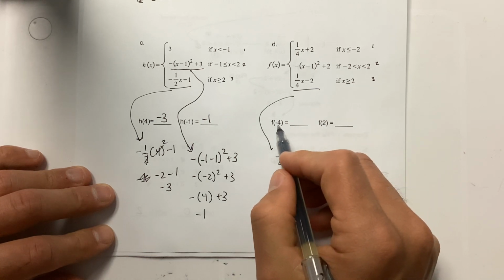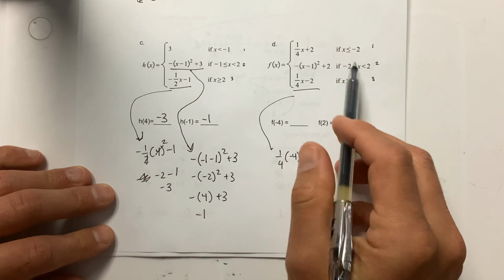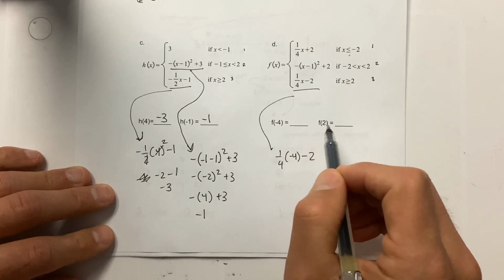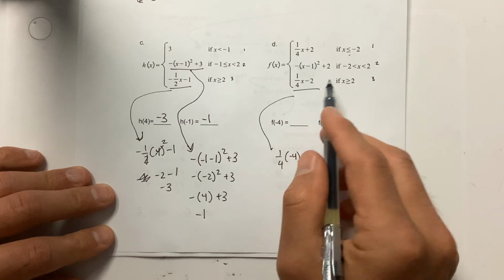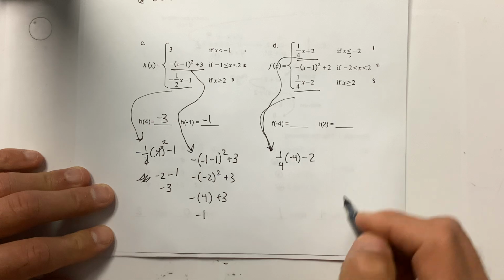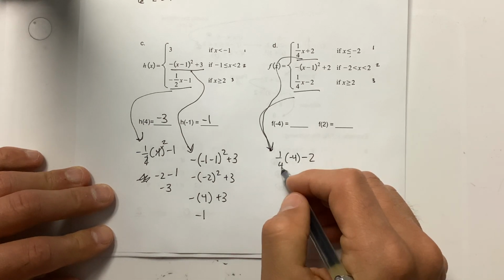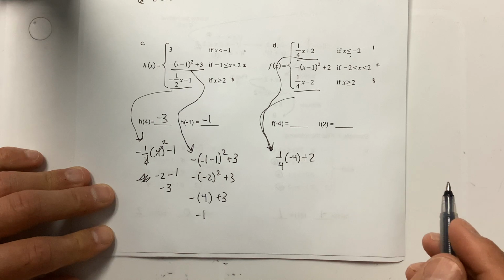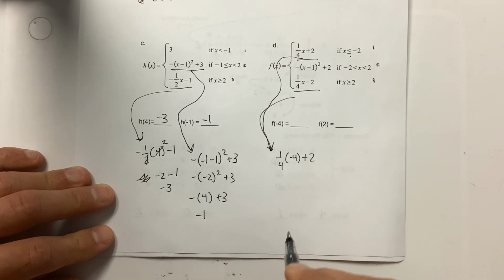Double check that here. -4. Is -4 part of this interval or part of the first interval? First one, okay. +4 would be part of this interval. My bad. So we're going to take this interval instead. It'll be 1/4 this. It's +2, so I was really close. Thank goodness the error was minor.